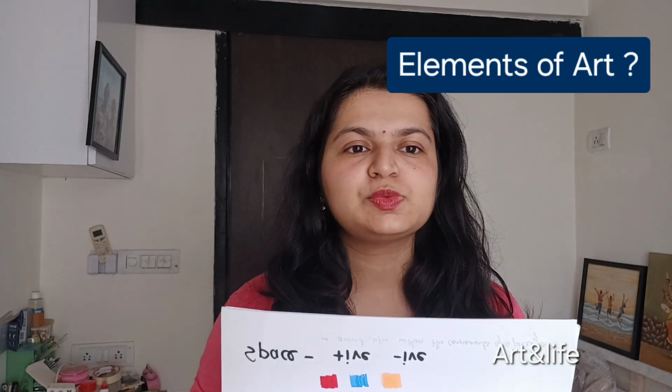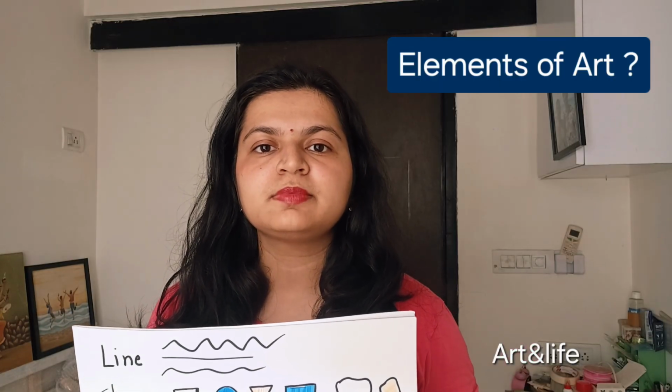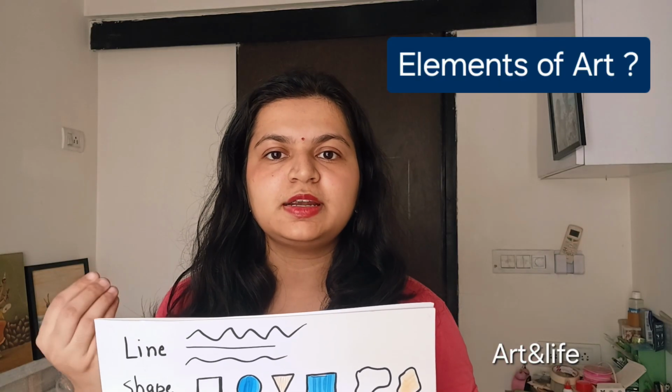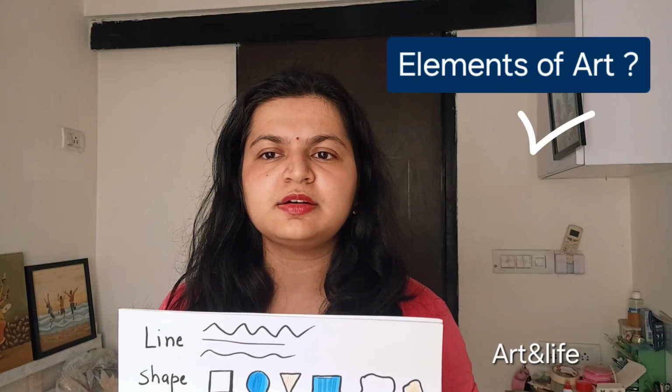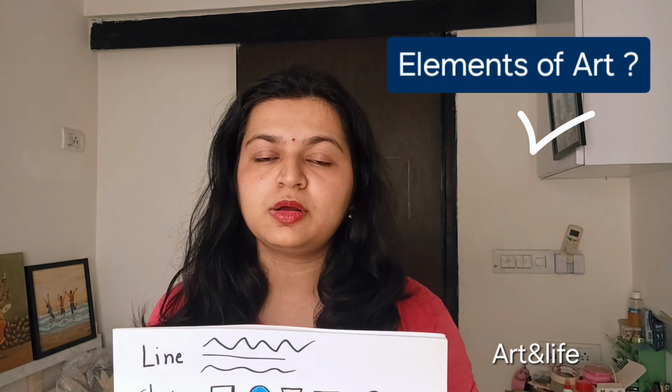So the first one is line. A line is something which we get when we connect 2 dots on a paper. That is the simplest thing I can say about lines. Whatever we start, even a cartoon or a sketch or a big painting, we always start with a line or a dot.